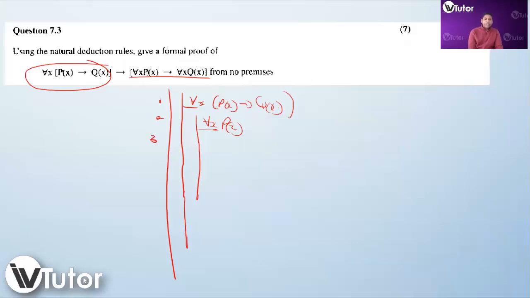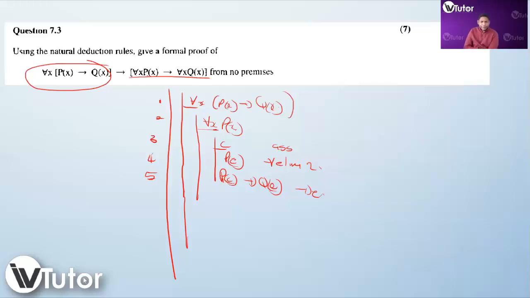So once we have this number 3, we can then say, okay, cool, let's do everything with regards to the C assumption. Then number 4, we're going to have P(C). Number 5, we strip this, so this is universal elimination on number 2. We remove from number 1, we're going to have P(C) implies Q(C). Right.